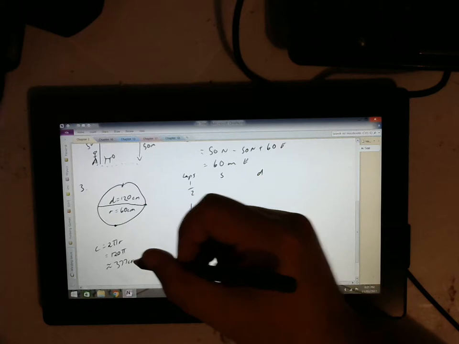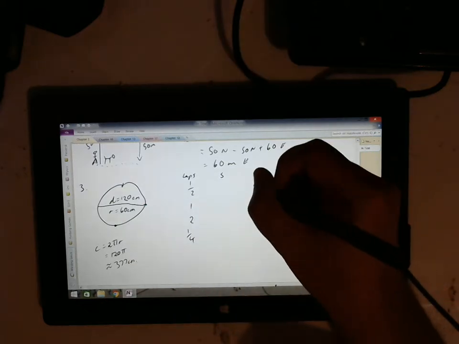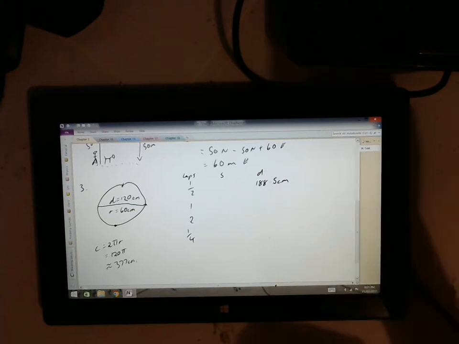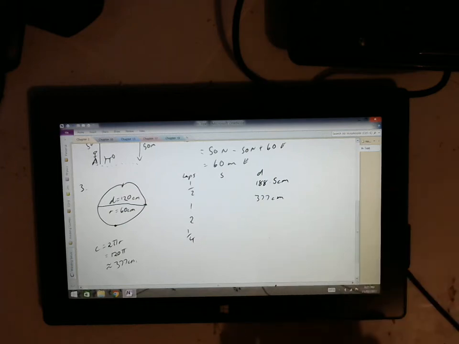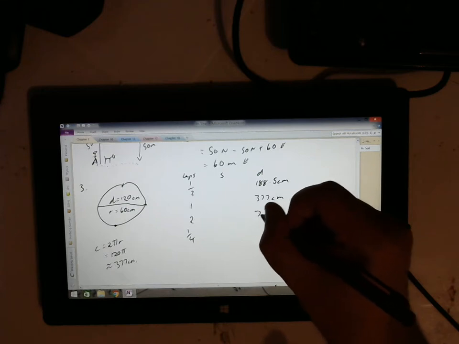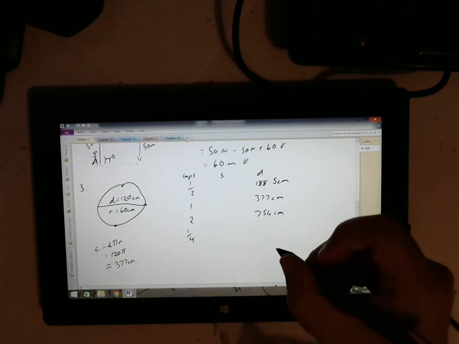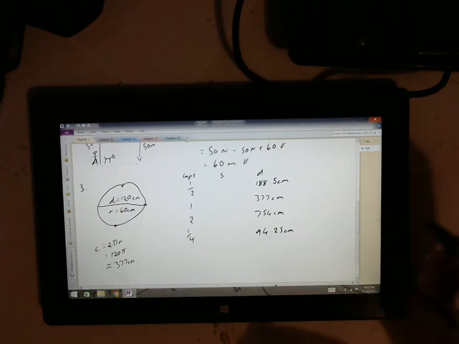So after 1/2 a lap, it's going to go half of that. 377 divided by 2, about 188.5 centimeters. 1 lap would be 377 centimeters. 2 laps would be twice that, 754 centimeters. And then for 1/4 would be 94.25 centimeters.